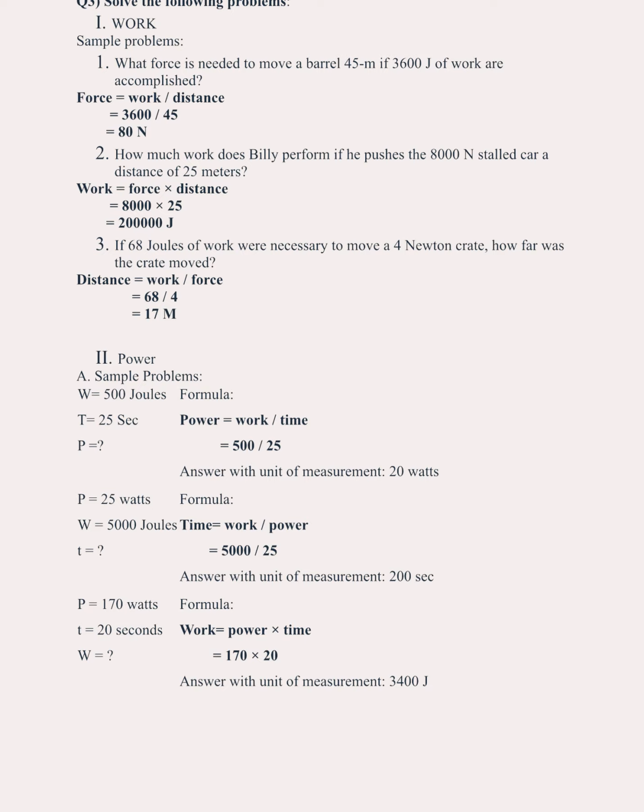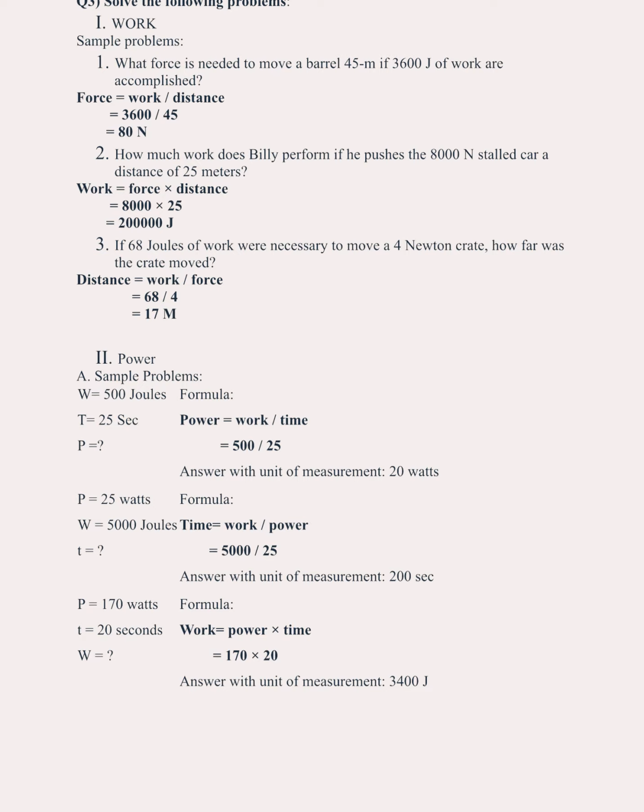So power equals work divided by time, which is 500 divided by 25, equals 20 watts. Why? Because we said that the unit used to describe power is watt, kilowatt, or horsepower.